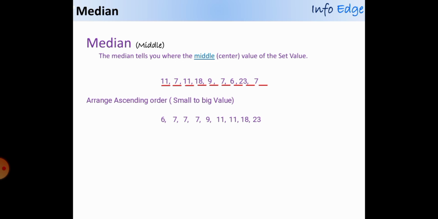So the observed values are reorganized from smallest to biggest.